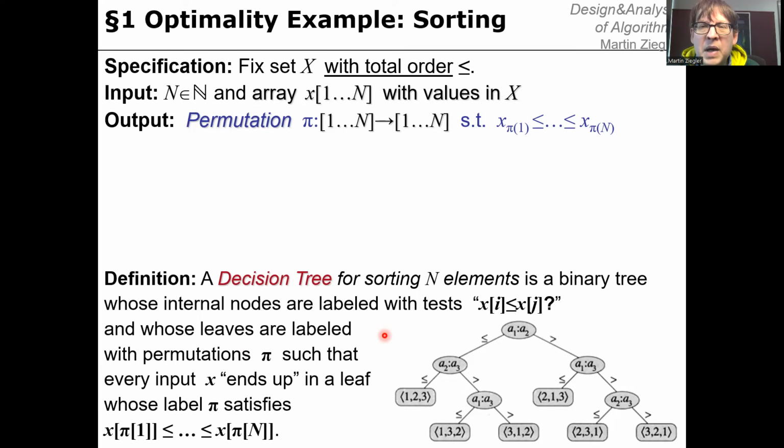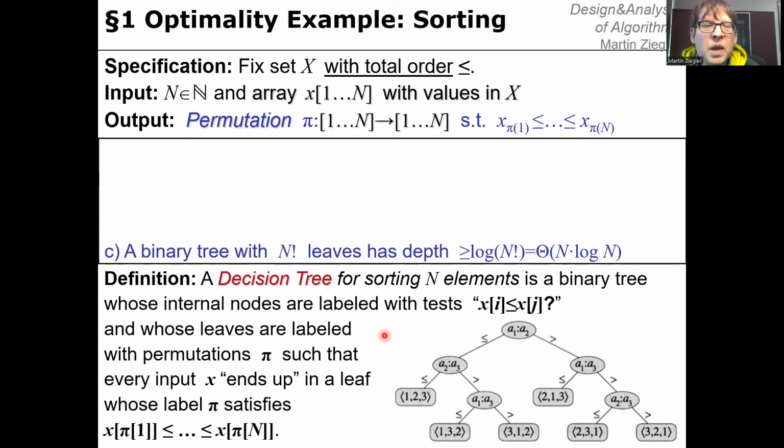So again, very mathematical, and we're going to start with the third item, which is simply a mathematical observation that a binary tree with n factorial many leaves has depth at least the binary logarithm of n factorial. Well, that's obvious, right? Because when we talk about a binary tree, it means that the number of nodes on each level can at most double. So root is 1, then there are 2, then there are at most 4, then there are at most 8.